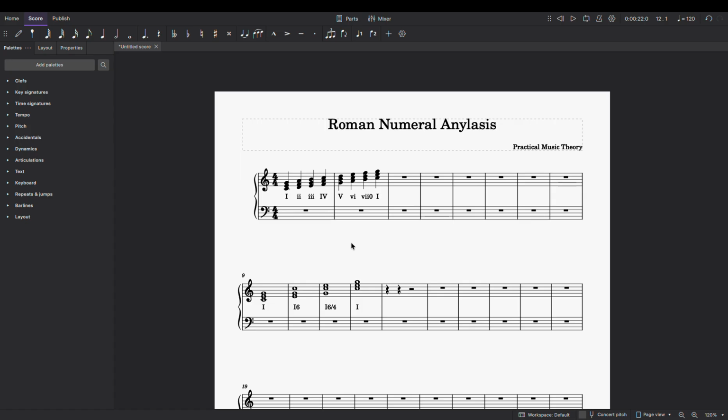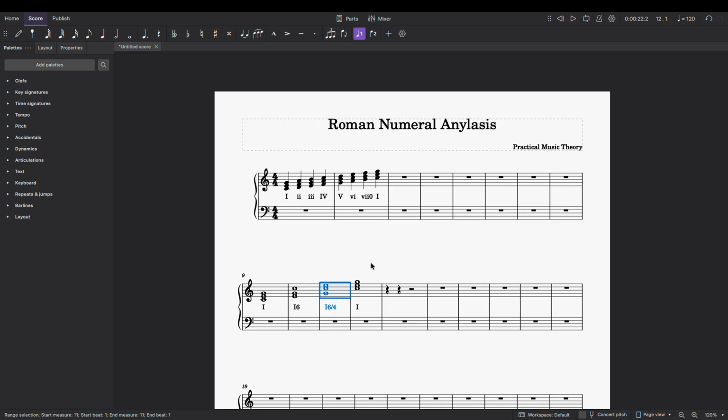Now, later, we'll sort of see how inversions have more or less directional pull to them, meaning this 1 chord sounds by itself very stable when it's in root position. But when I take it and I put it in an inversion, let's just look at 1, 6, 4, it sounds less stable. All right?